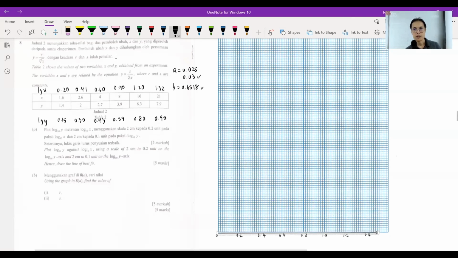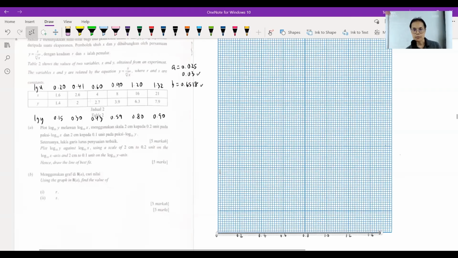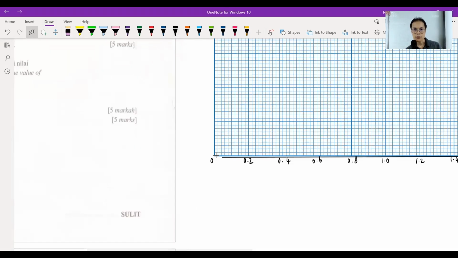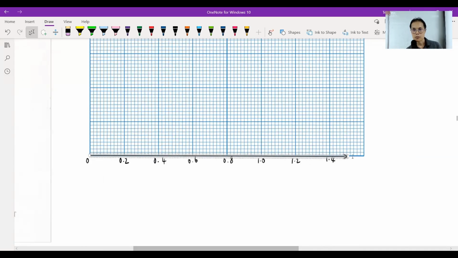Let me just adjust the line a bit, zoom in a bit. Okay, around here. Very hard to get a nice position. 1 and a bit higher, 2. Okay, I think this is fine. Okay, so this is my LGX.